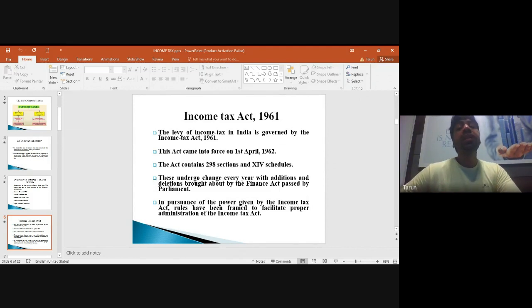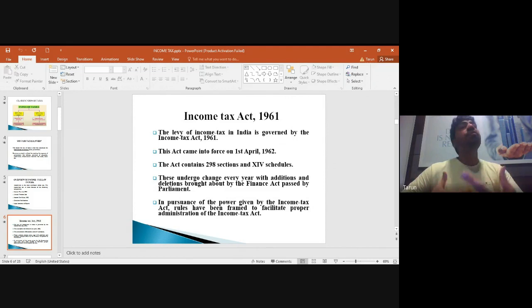The next one is, in pursuance of the power given by the Income Tax Act, the rules which have been framed to facilitate proper administration of the Income Tax Act. When the act has been implemented, of course supreme power is given to the concerned Indian authorities relevant to direct or indirect taxes.